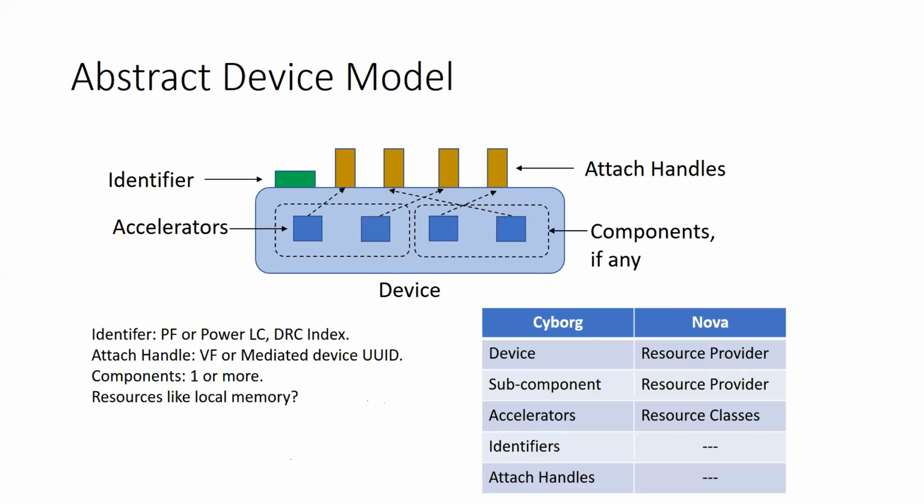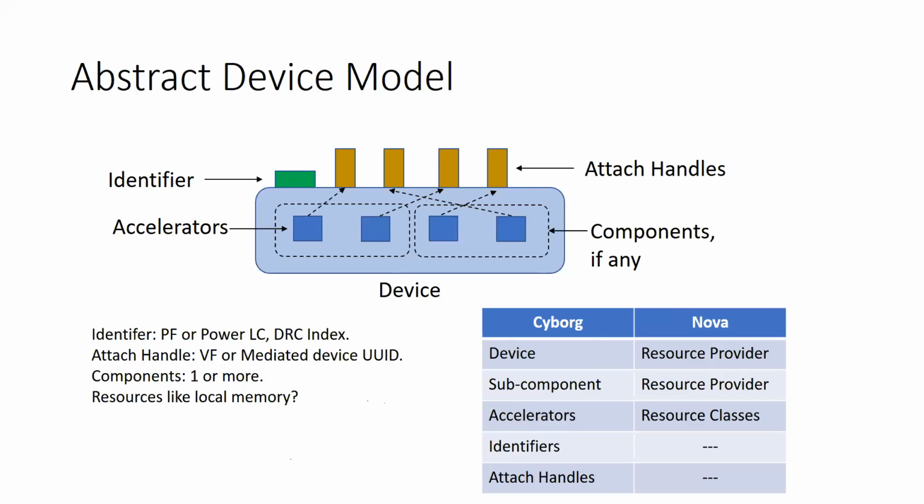On the other side, we have a notion of attach handles. Actually, before I go into that, I should first talk about identifier. How do you even recognize this unique device? There is some way to do that, right? So we are thinking of PF as the primary way to say that, hey, that's the device I want to identify. Because when the host is going to see a PF, that's what gets enumerated, and you use that as the means to locate the device and identify its components.